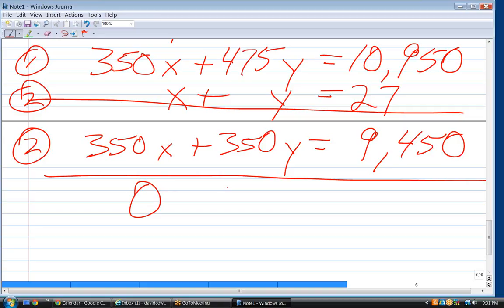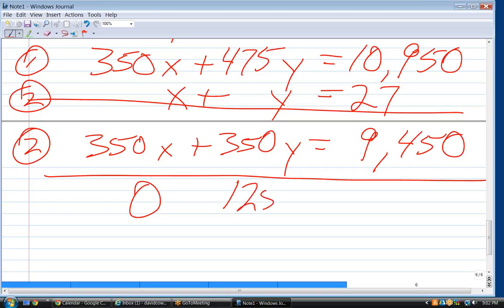Would you subtract the 475 from 352? We're subtracting 350 from 475. Oh, sorry, my bad. It's all right. Because I could have gotten rid of the x by either method, but I like to keep positive coefficients instead of negative coefficients. Right. So that's why I want to subtract 2 from 1, not 1 from 2.